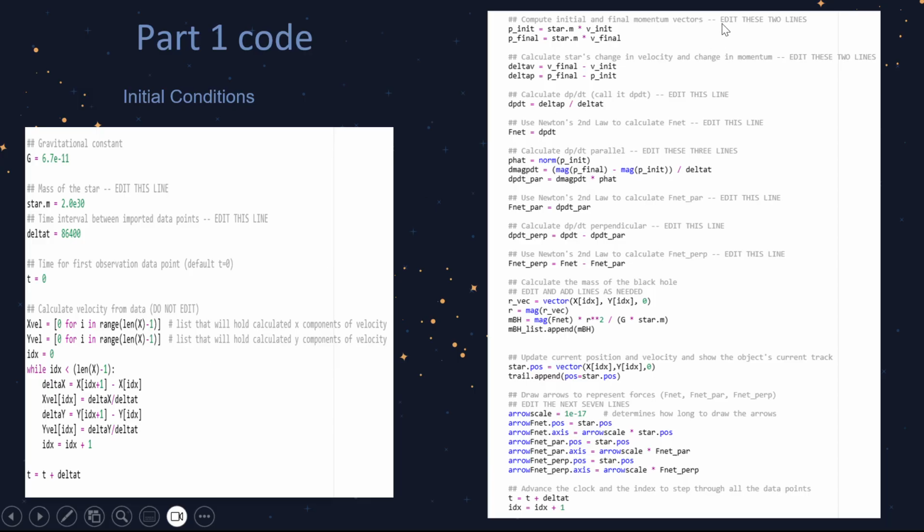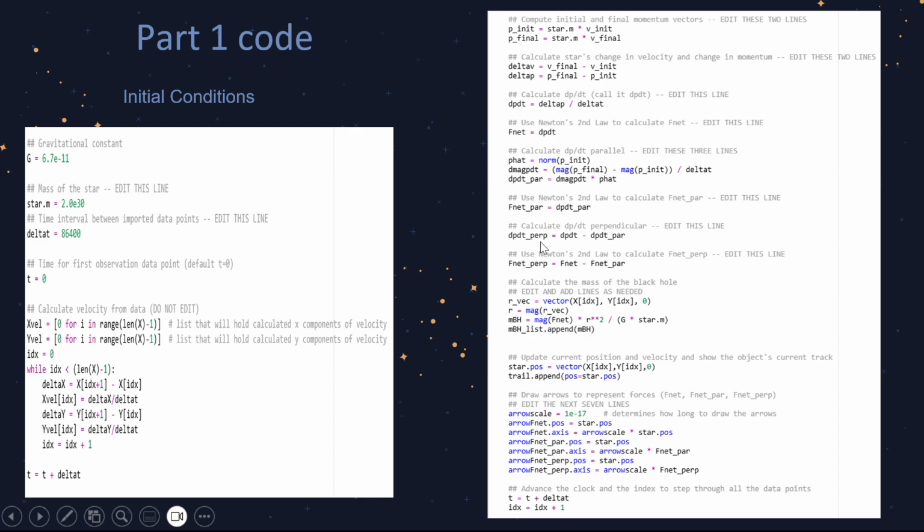So in order to find the mass of the black hole, you find your initial momentum and your final momentum. Use that to find your change of momentum, and that'll get you your dp/dt. And you can put your F net equal to that. Right here in this area, you're finding your parallel force of F net using that equation, which is given right here.